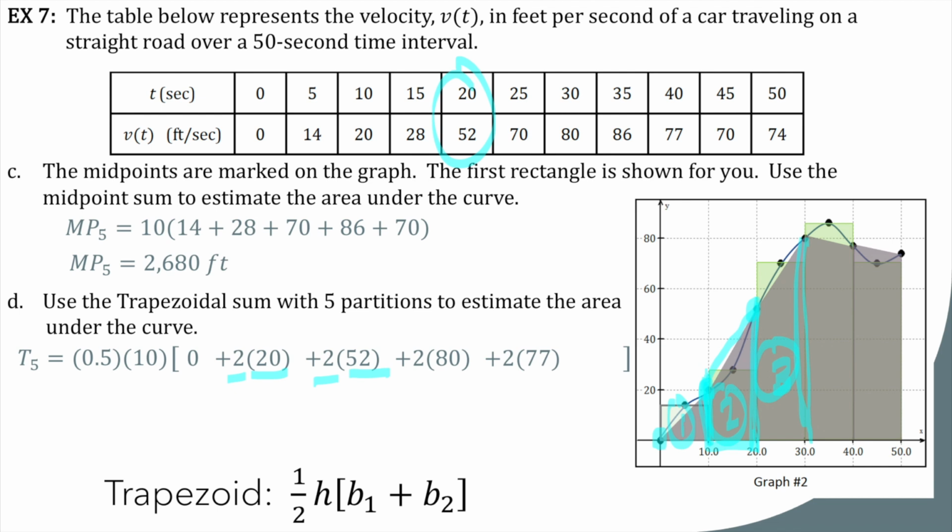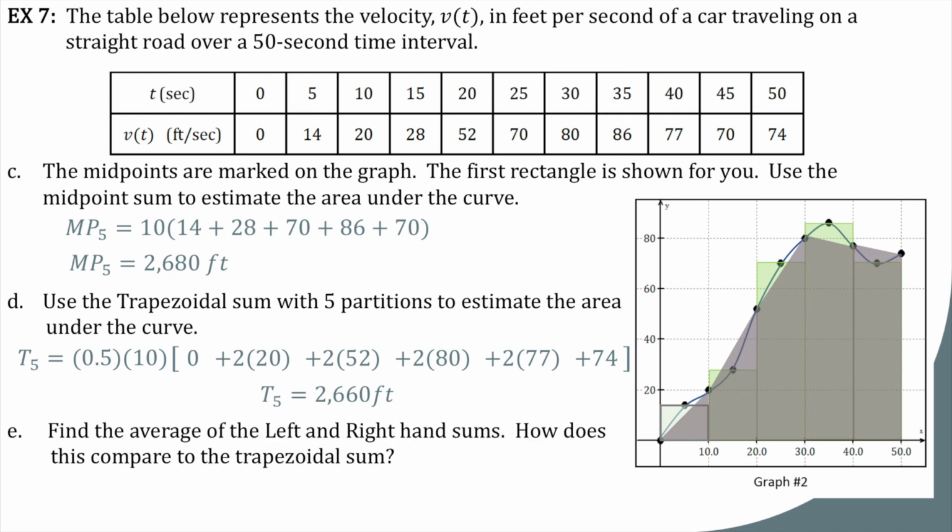And then we use 77 twice. And then this last one only works for the fifth trapezoid, so we only use it once. Putting all that together, we get a trapezoidal sum of 2,660 feet.